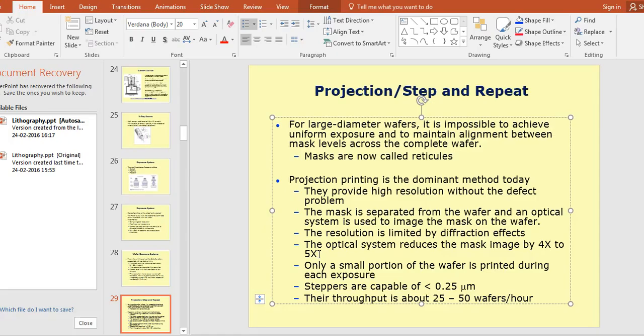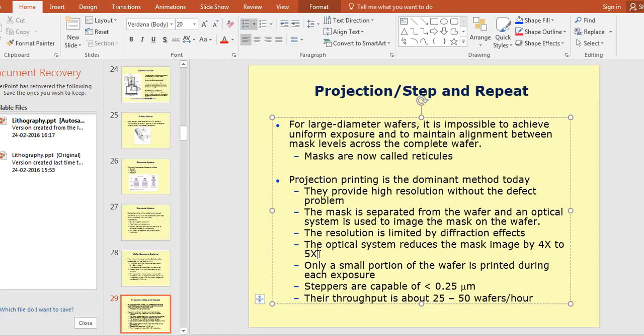We expose small units of the pattern, and this pattern is repeated by either moving the mask or moving the silicon wafer, or both, in synchronization with each other, so that we can use the same reticle, produce the steps, and repeat it throughout the silicon wafer.